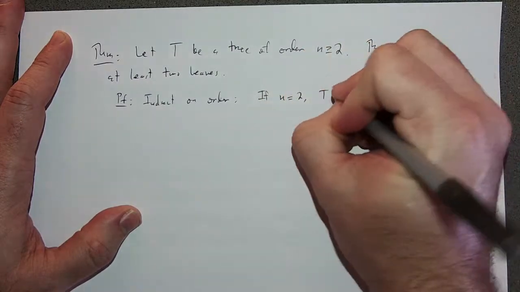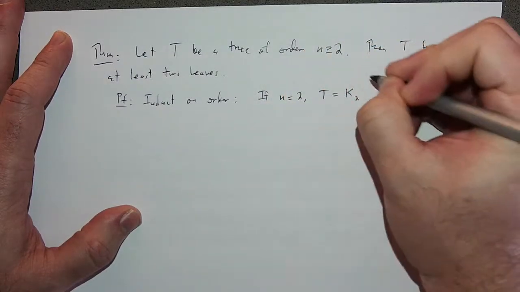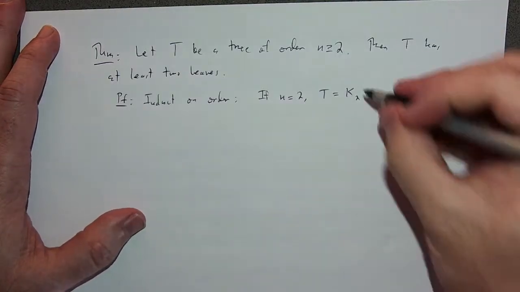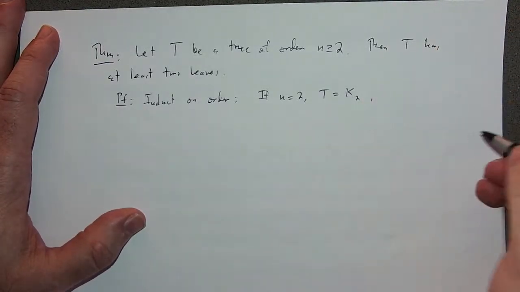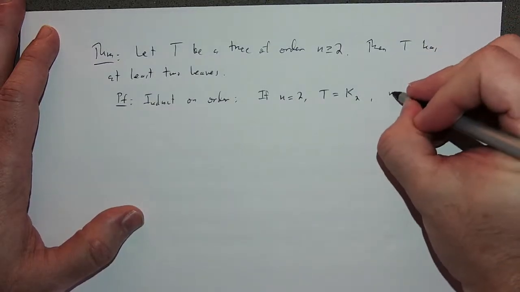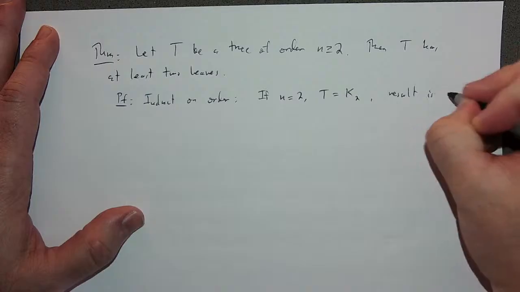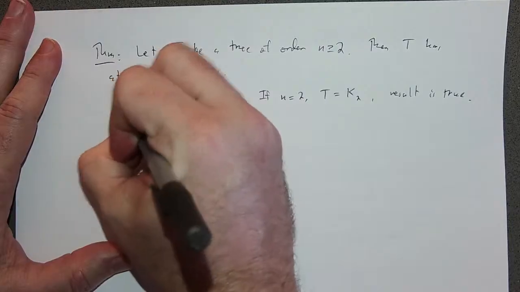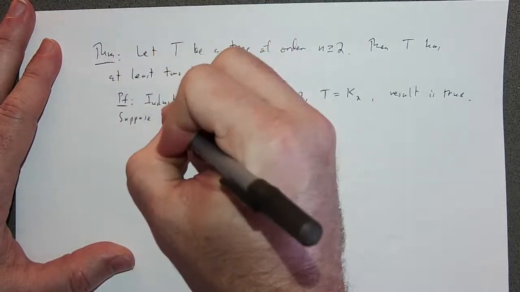If n equals 2, there's only one tree, and that's the complete graph on 2 vertices. So the result is true because it has 2 leaves. Both vertices are of degree 1 because they're only connected to each other. So the result is true in this case. All right. This is the inductive step.